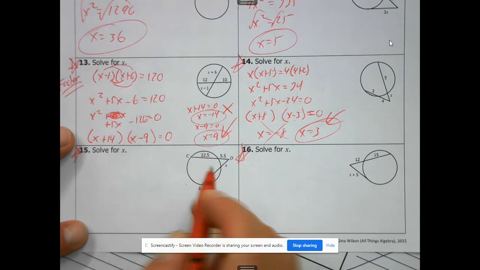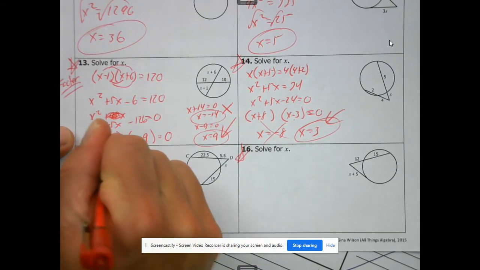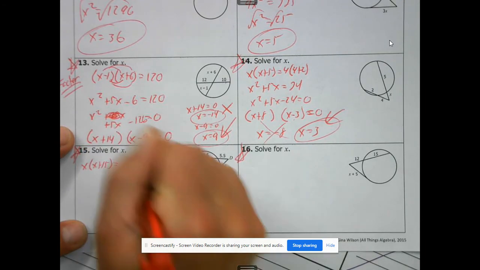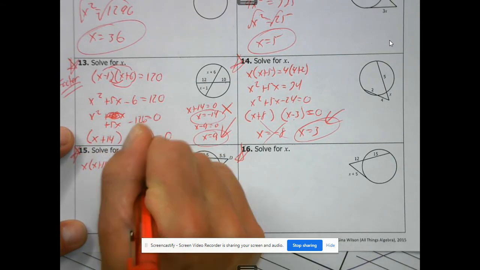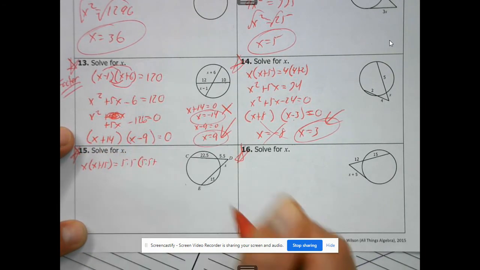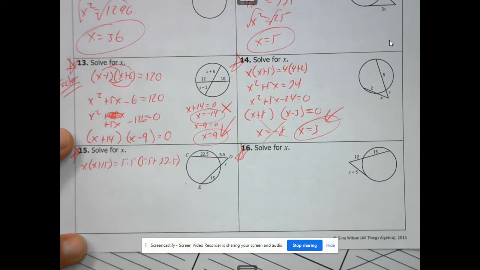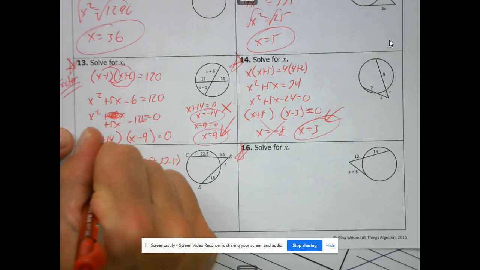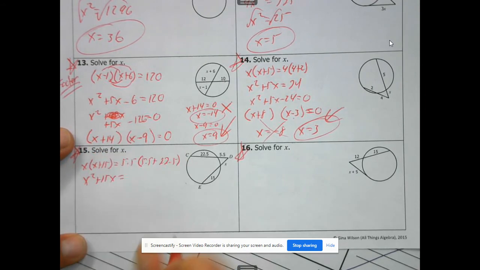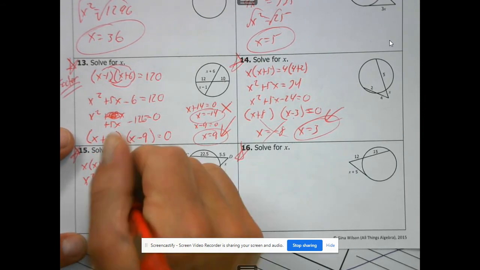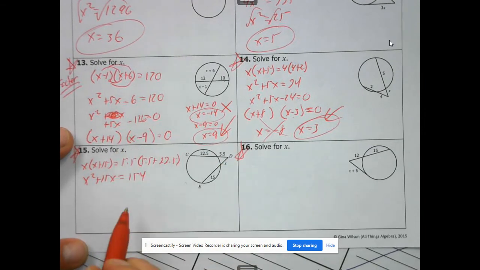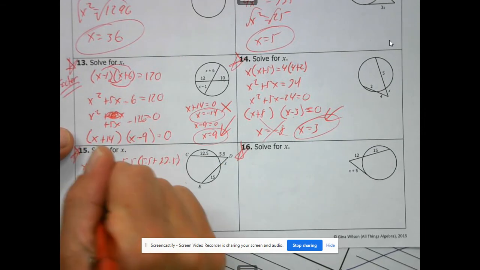Two secant lines, so x times x plus 15 equals 5.5 times 5.5 plus 22.5. Left side, x squared plus 15x. Right side, type all that in, 154. Subtract the 154 over.